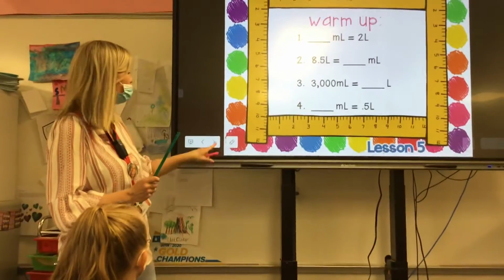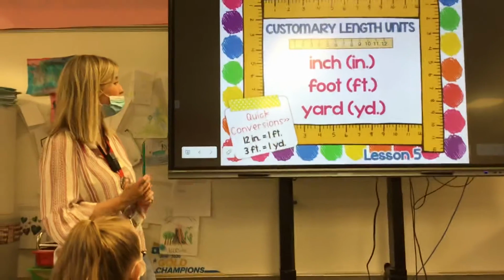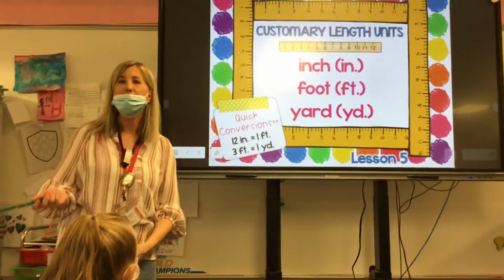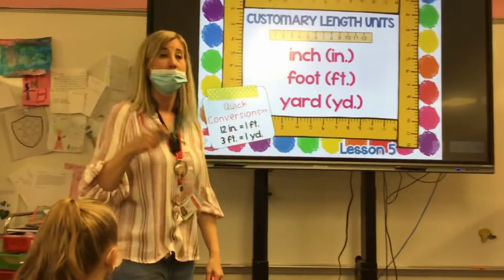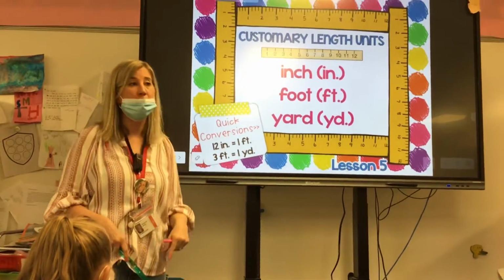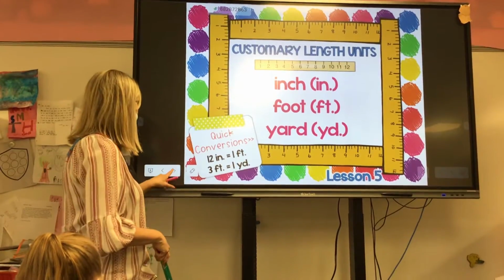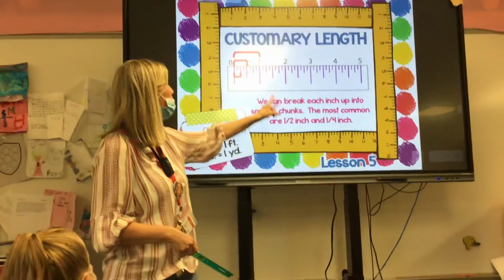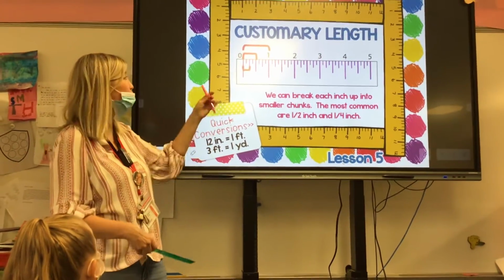So we're not going to do that warm-up. We've already done our own warm-up. We have the inch, the foot, the yard. Here's a conversion. How many inches are in a foot? 12. Thank you. How many feet are in a yard? 3.